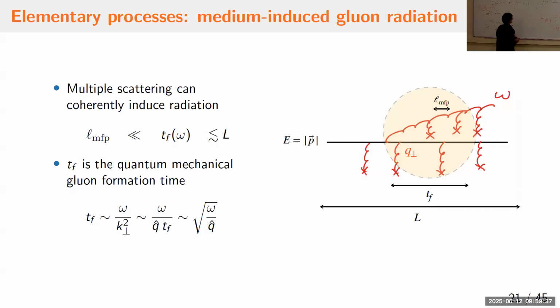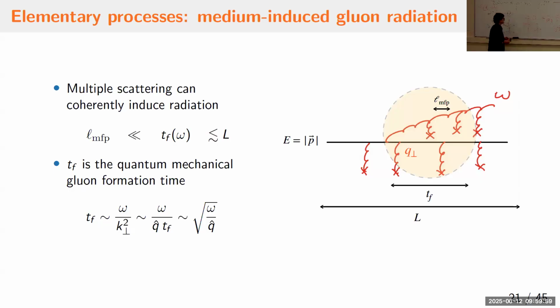So this formation time is really the physics of the production of medium-induced radiation. It is equal to omega over q hat, and then I just take the square root of this, which is the square root of omega over q hat.